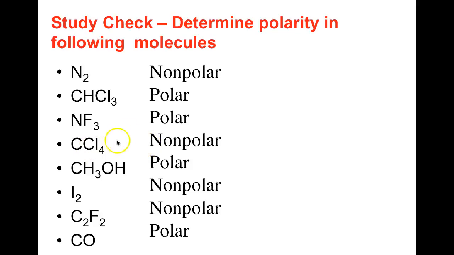CCl4 is nonpolar. However, when you have CHCl3, it becomes polar, it's asymmetrical. NF3 is polar. And then here, because there is one dipole in this direction and another dipole in the other direction, like carbon dioxide, they're going to cancel each other out.